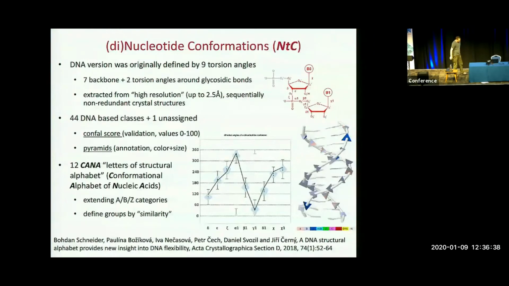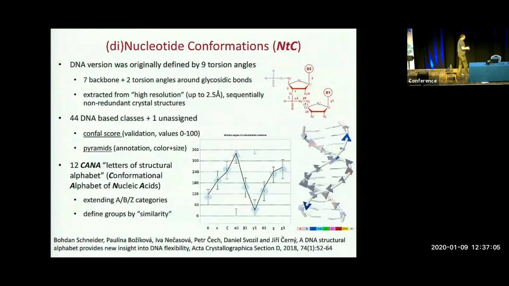Then we used basically the same technology, or level of description, and designed our extended set of DNA conformations, which in the end had 44 classes, and it was published after a long time, unfortunately relatively recently.